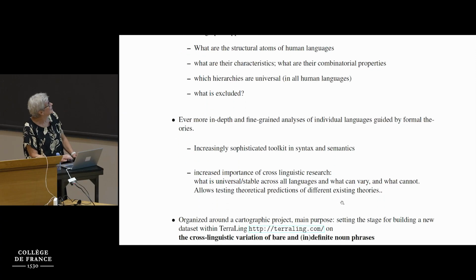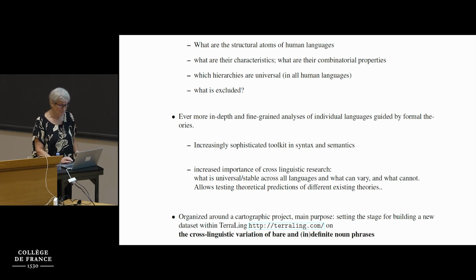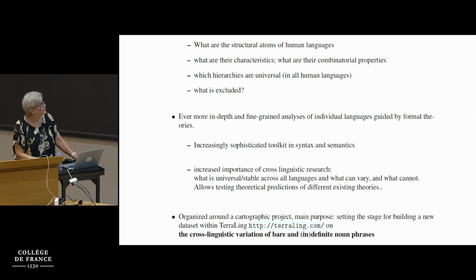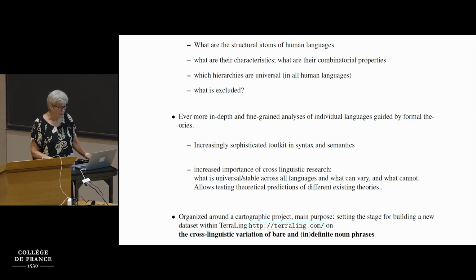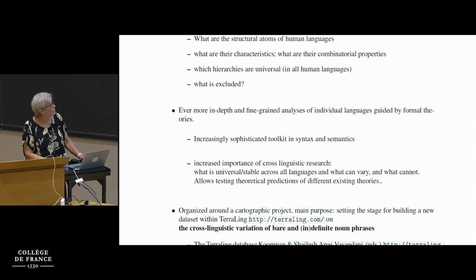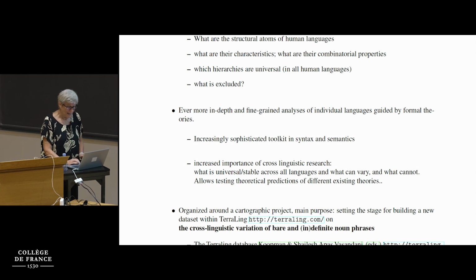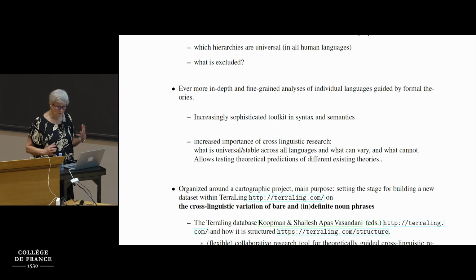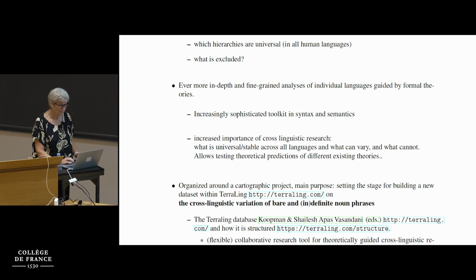So what we see in the theoretical development is that there's ever more in-depth and fine-grained analysis of individual languages, guided by formal theories, which gives an increasingly sophisticated toolkit, both in syntax and more recently in semantics. It also shows an increased importance of cross-linguistic research. That is basically finding out what is universal, stable across languages, and what can vary, what can't.